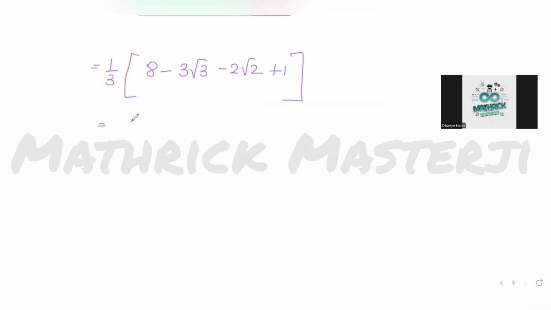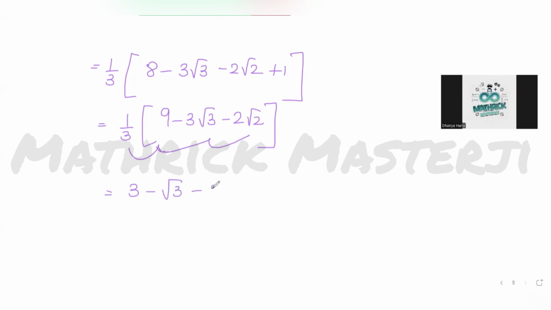So here, what I get is 1 over 3 times 9 minus 3 root 3 minus 2 root 2. If I multiply this 1 over 3 inside with all of them, I get 1 over 3 times 9, which is 3, minus 3 over 3, which is root 3, minus 2 over 3 root 2.